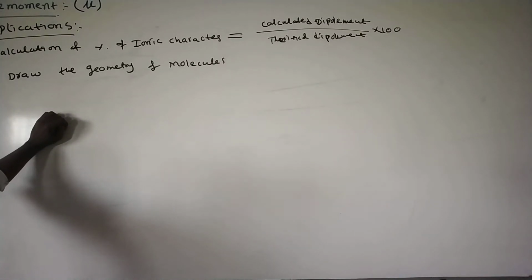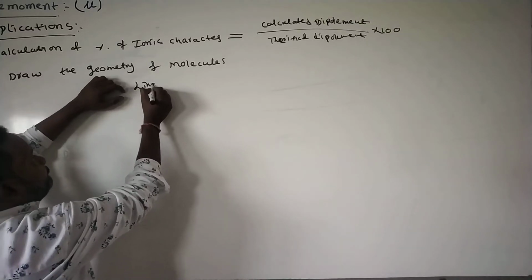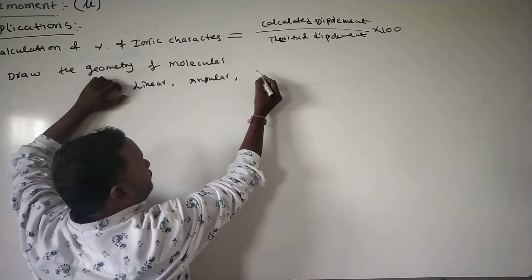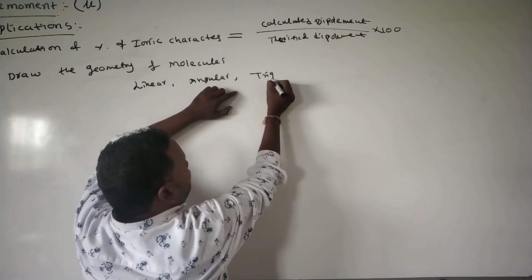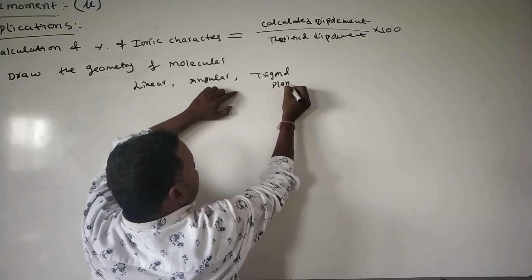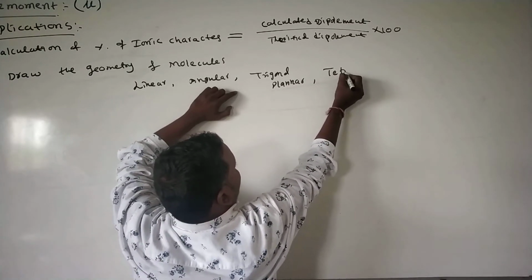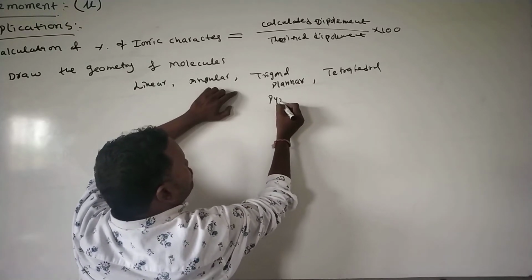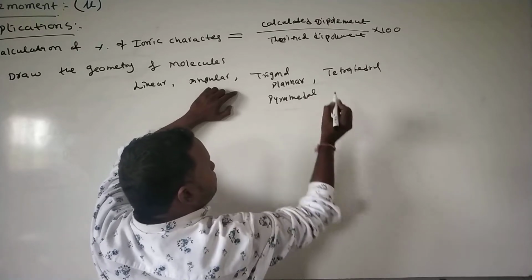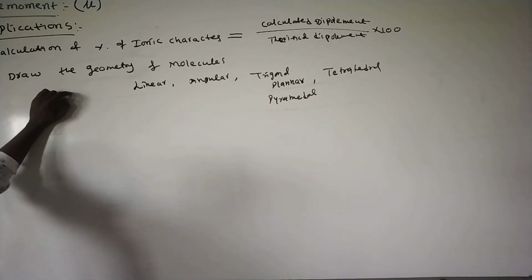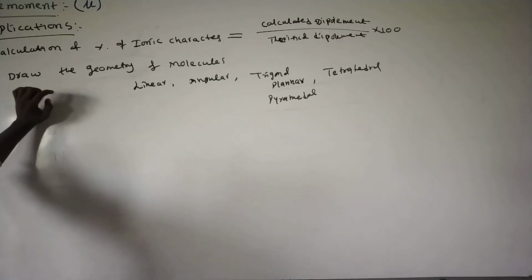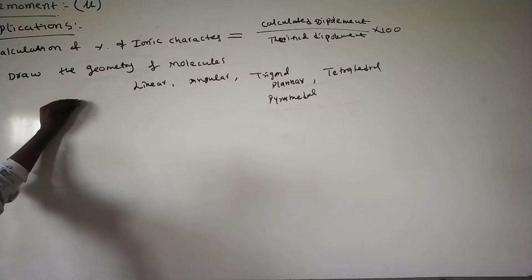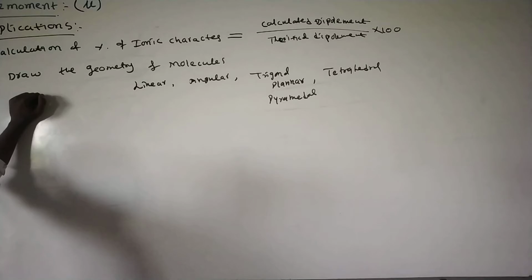Geometry of molecules means linear geometry, angular geometry, trigonal planar geometry, tetrahedral geometry, and pyramidal geometry. We'll write or draw all those geometries by using this dipole moment value.